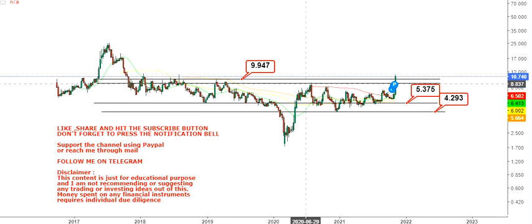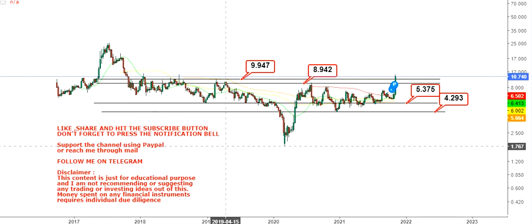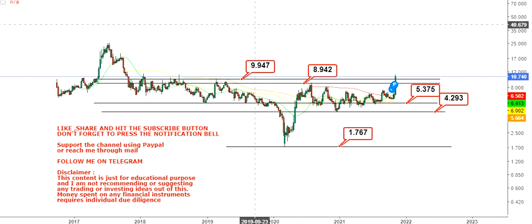Then you will have your second support at 8.9, and the lower end of the range, or the range of stop loss, will be between 5.3 and 4.2. Don't go below this level. And we also require the low of 2020, which is 1.76.